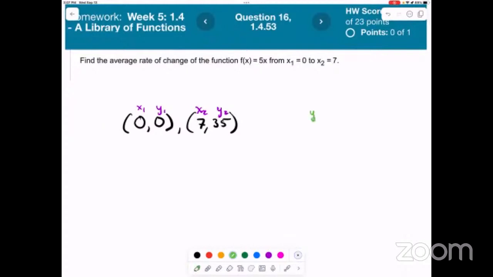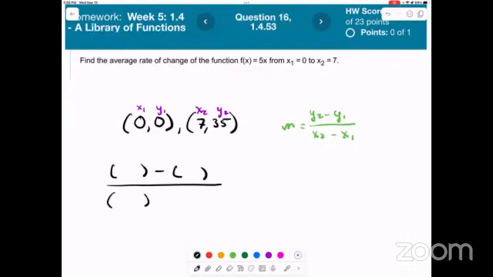Then, y2 minus y1 over x2 minus x1. Notice I replace each component with a blank set of parentheses, and then we plug in the corresponding components.